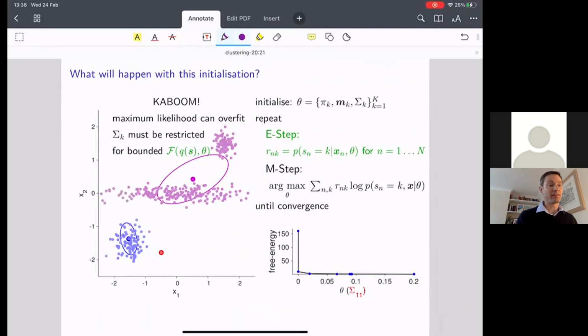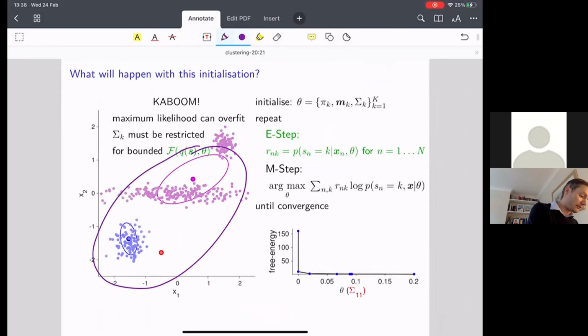It overfits in the sense that we do not think this solution is going to be a very good prediction for held out data. We do not expect, when we see new data from the same source, to have loads of data points which are exactly on top of this single data point, which this cluster is modeling.